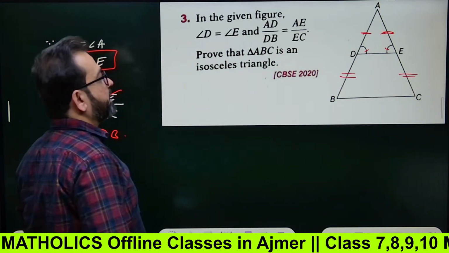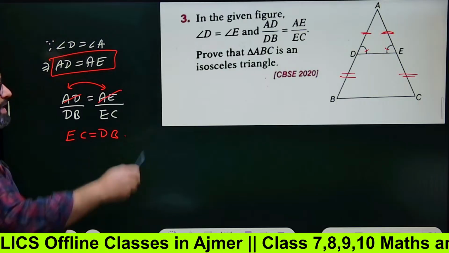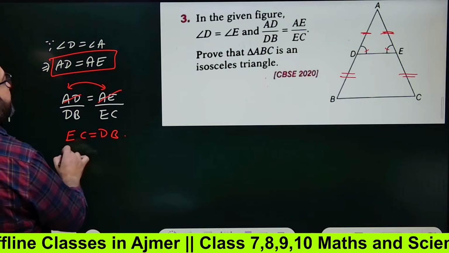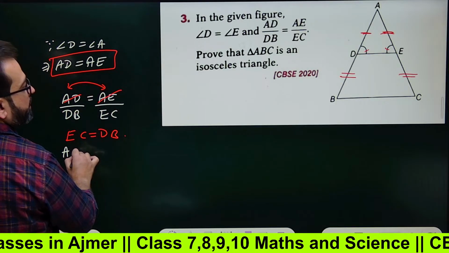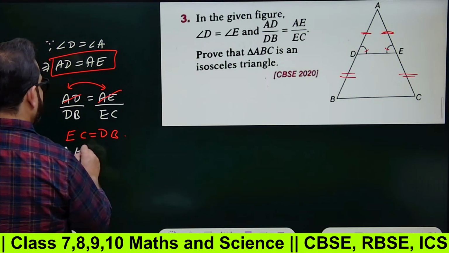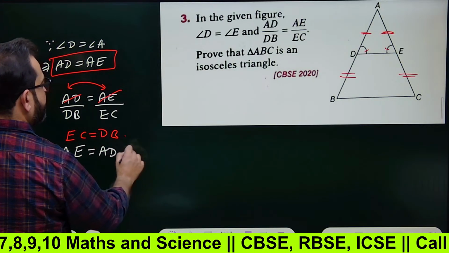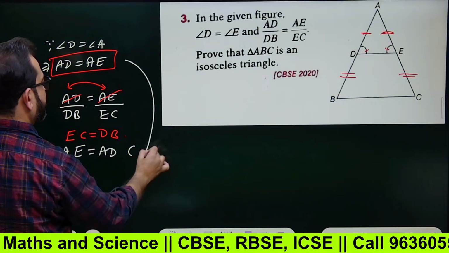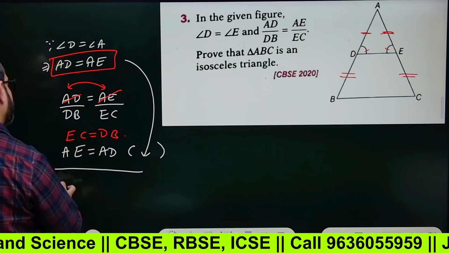Now we have to prove ABC is an isosceles triangle. That means AB equals AC. AE equals AD, already proved from here. Add both of these: EC plus AE equals DB plus AD.